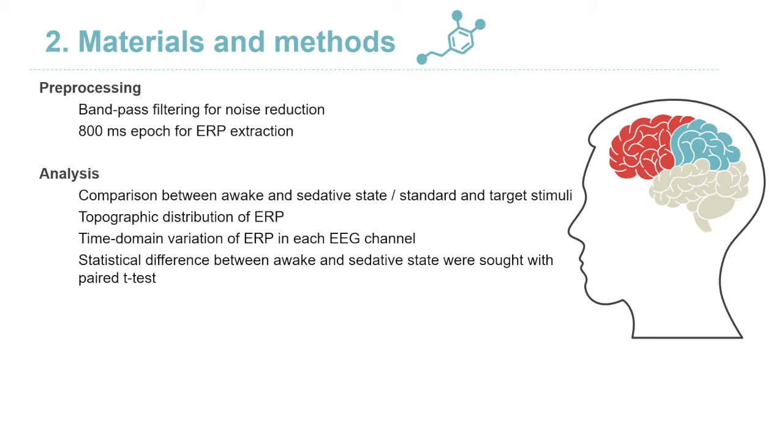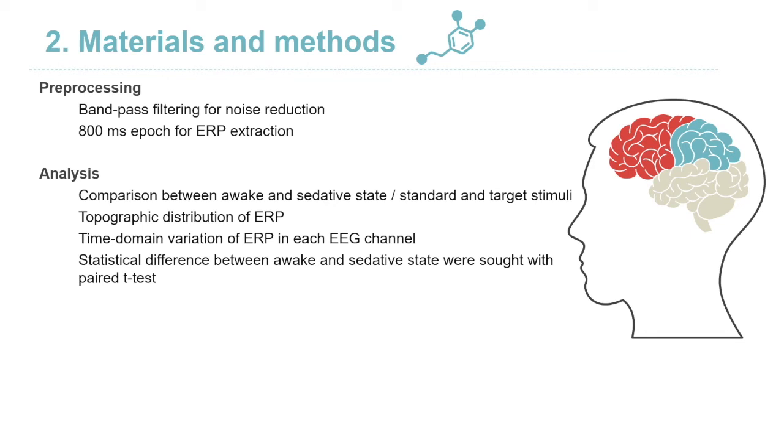The two-dimensional topographic map of the scalp data field was generated with 40 millisecond windows to average each channel's voltage in the awake and sedation stages.